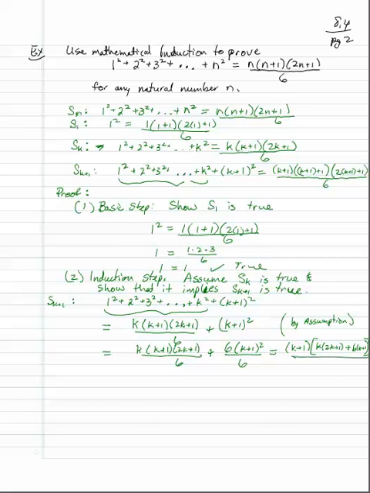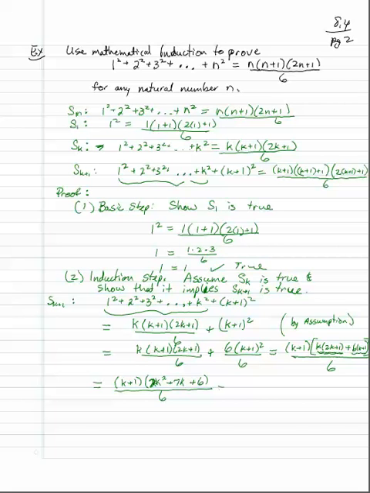Now, over 6. Now what I do is, on scratchwork, I'm going to multiply out, distribute the k, so that's 2k squared plus k, distribute the 6 to k plus 1, and combine all my like terms. Okay, so I end up with 2k squared plus 7k plus 6.